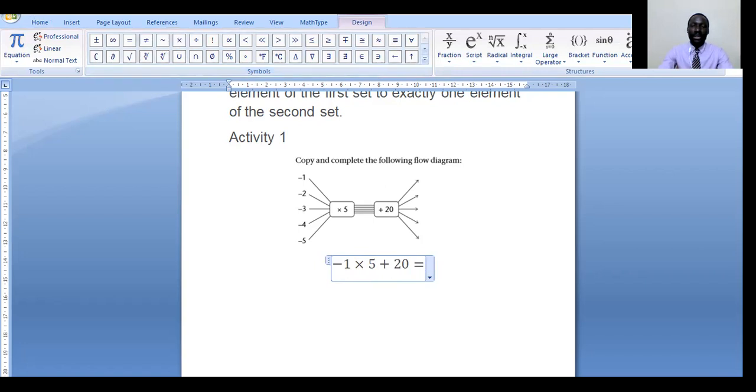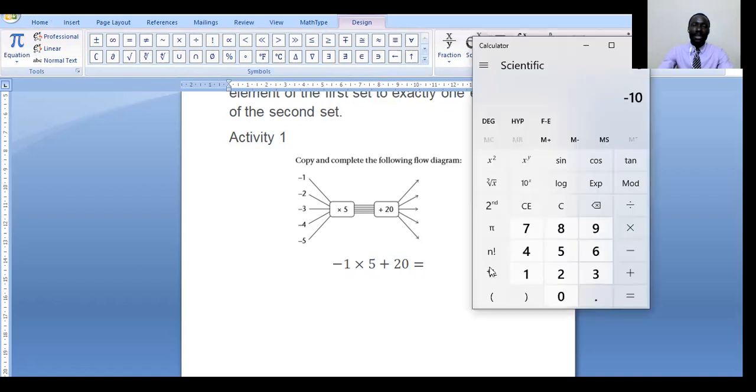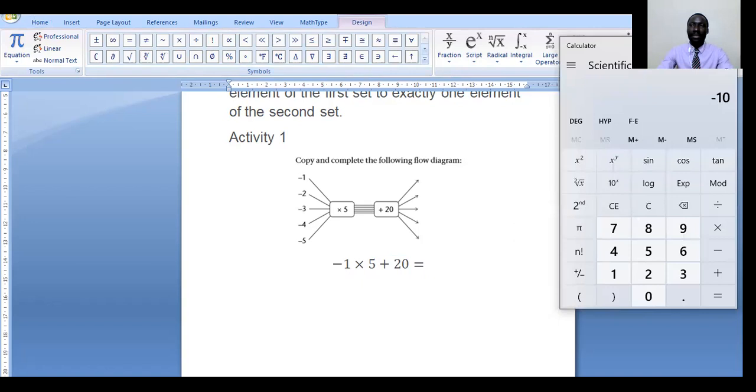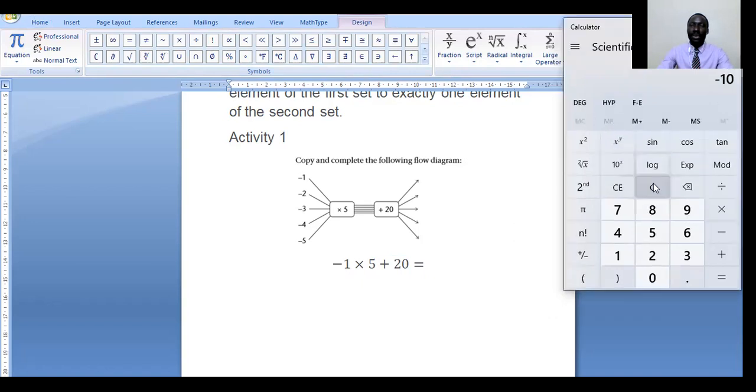Well, we can use a calculator for this, or if it's easy for you to see, then you can really see that it's 15. So we have -1, which we multiply by 5, then to it we add 20. That gives us 15.